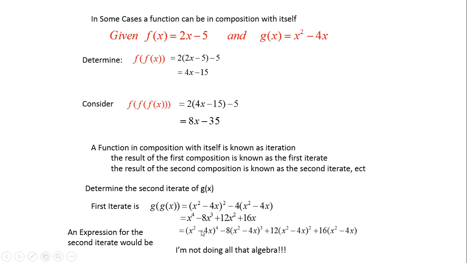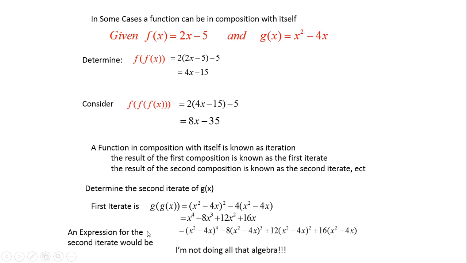The second iterate would be going to that, and this is the end of the first iteration, if you will. Now I have to replace all x's in there with the x squared minus 4x, and I'm saying I'm not doing all that algebra, okay? And in fact, you may not need to.